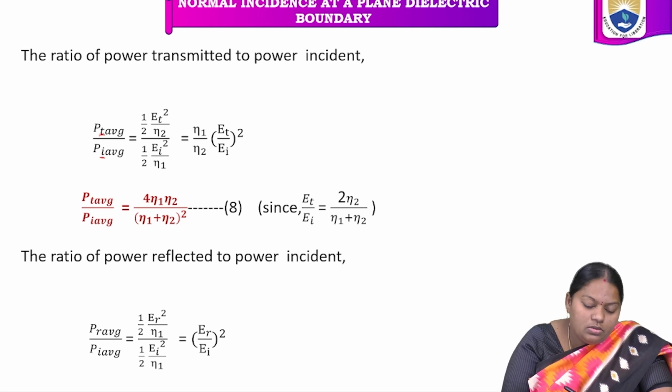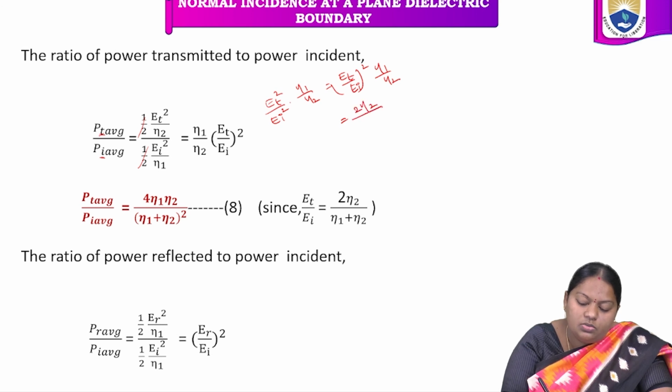Right? In order to simplify this, the two halves get cancelled. Et square by Ei square into eta 1 by eta 2. Or in general, we are going to write Et by Ei whole square into eta 1 by eta 2. So what is Et by Ei? The transmission coefficient.